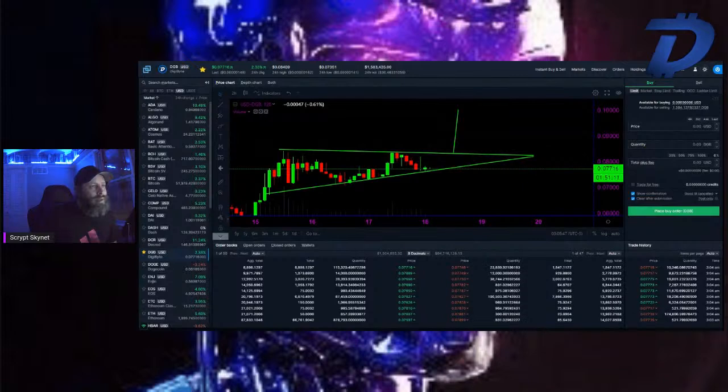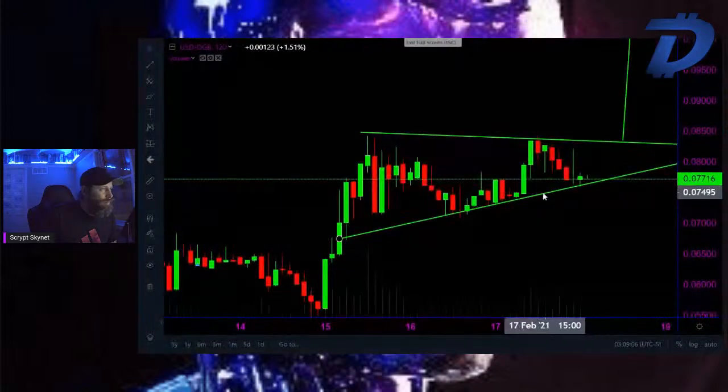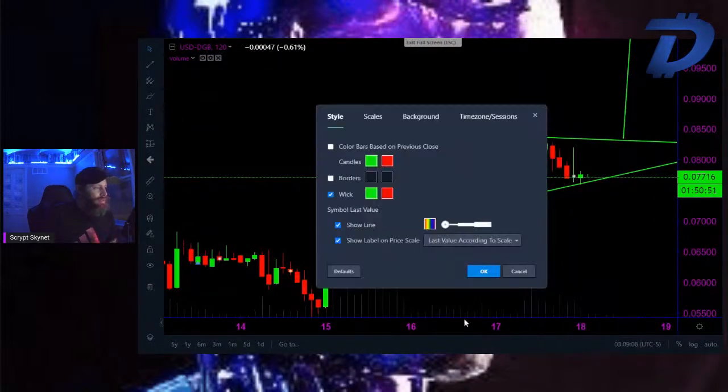Is there a way to save my changes? No, there's no way to save it. I right click, it says reset chart, lock vertical lines on time. No way to save it. Settings? They have defaults. It goes back to the crappy settings where everything looks like I'm going blind, and nothing to save it the way I want.